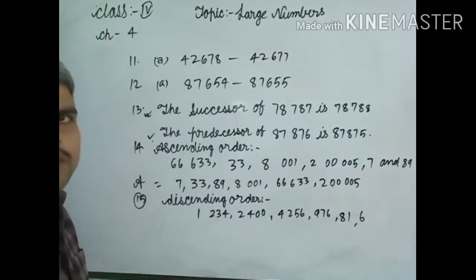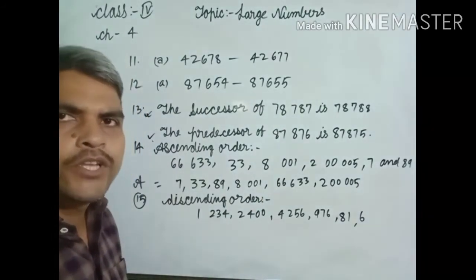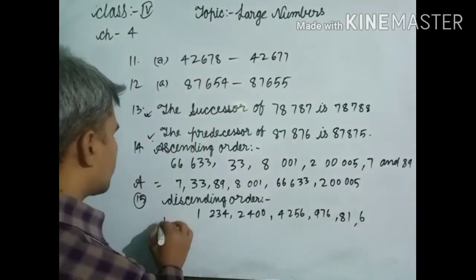Dear students, arrange these numbers in descending order. Descending order means greatest to smallest.